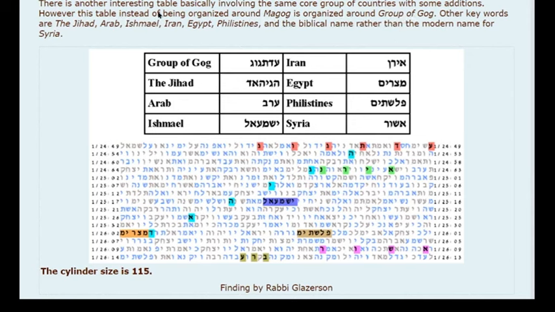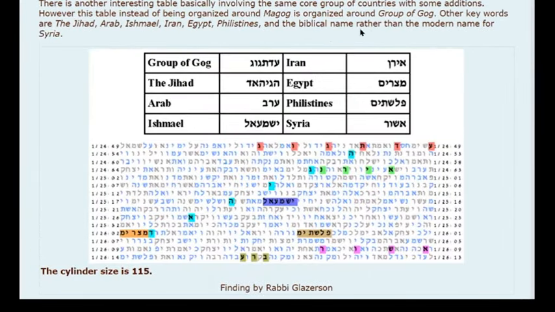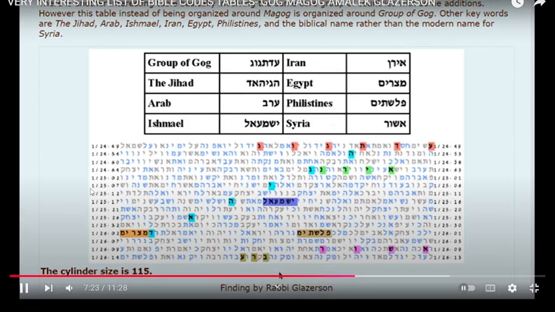Other key words are the Jihad, Arab, Ishmael, Iran, Egypt, Philistia, and the biblical name rather than the modern name for Syria. So I see a group of Gog, very interesting. Who are those? The Jihad, the Arabs, Ishmael, Iran, Egypt, Palestinians, Syria. So this is a table that I found.